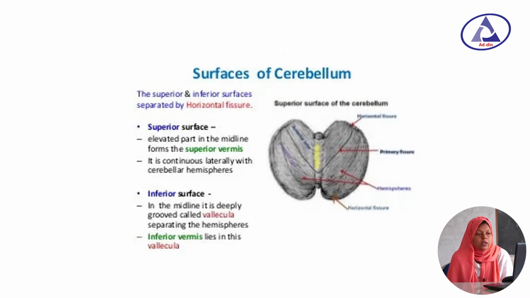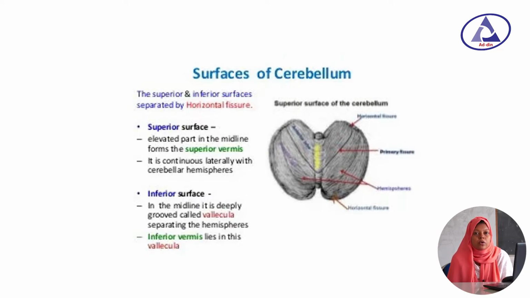So the inferior surface, in the midline it is deeply grooved, called vallecula, separating the hemispheres. Inferior vermis lies in this vallecula. So again we say what about the superior and inferior surface, the demarcation point.